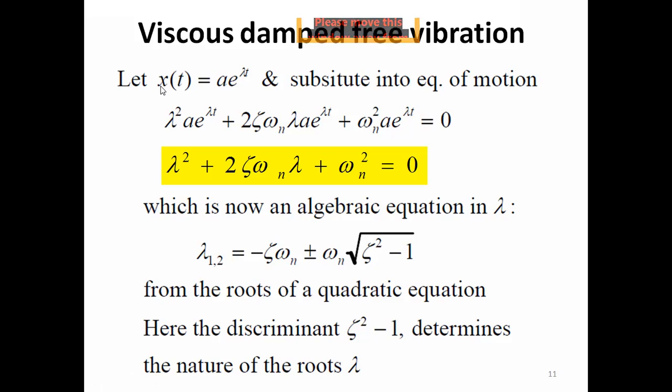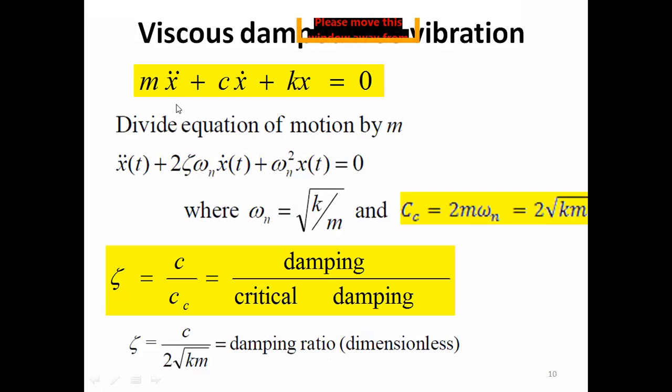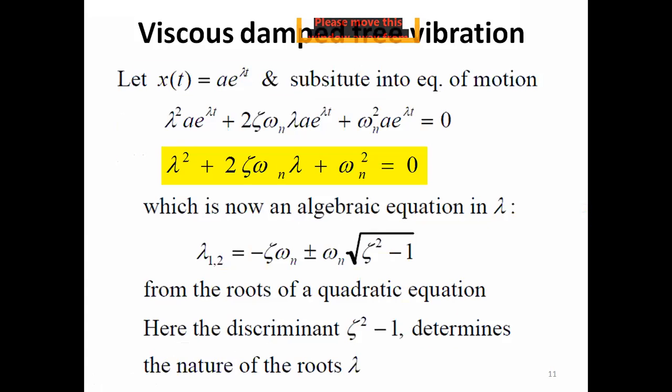Once we are using this as a solution of the differential equation, it means that this solution must satisfy the equation of motion. So if you look at the differential equation, here we have x double dot, here we have x dot, here we have x, and we are assuming the solution as x is equal to a exponential lambda t.